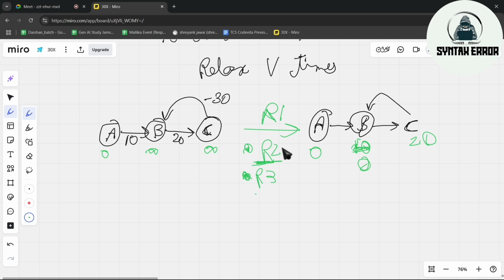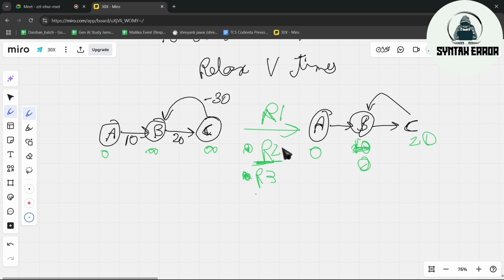So what do you mean by negative cycle? Just write R4, R5, R6 and you will get to know it. You have 0. Next, you again check this. What will the distance become? 0 plus 20 becomes 20.